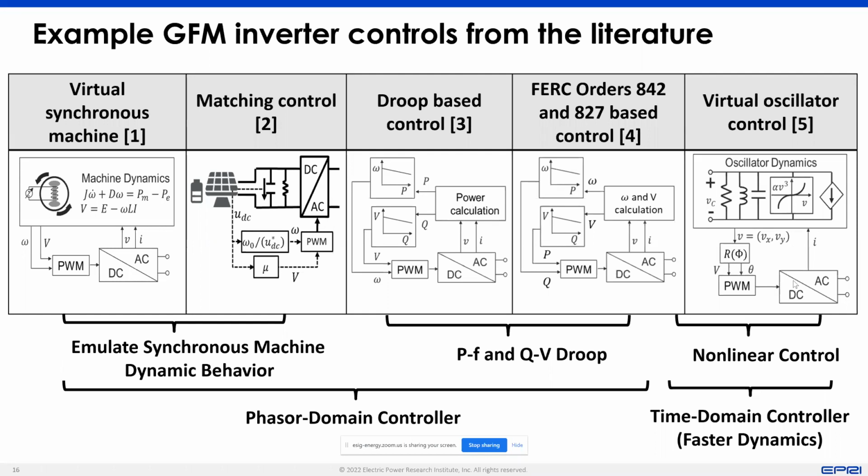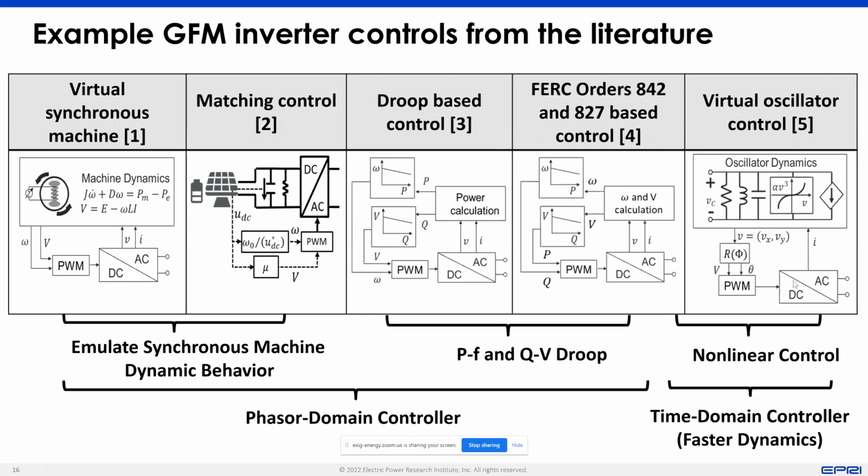Now, this type of droop control is more similar to what we have today. And it's also what Deepak just showcased, one of the controls there, which still uses a PLL. And instead of measuring the grid P and Q, it measures the grid frequency and voltage. And based on this frequency and voltage, it calculates the P and Q for the inverter to track.